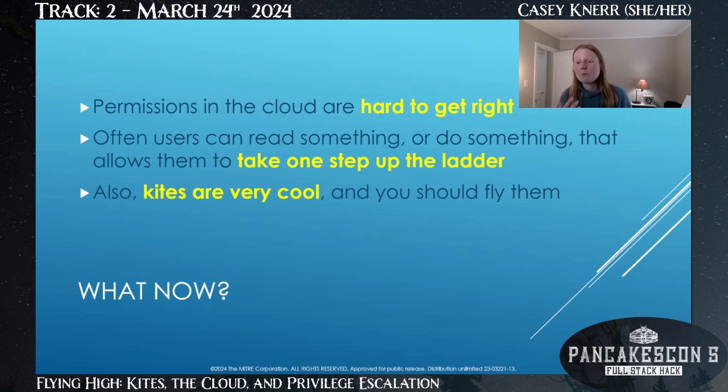Often you will be able to read something or do something that allows you to take one step up the ladder. Maybe finding credentials, maybe manipulating your account, maybe passing a role to an instance. It's just all about looking around, seeing what you can do, seeing what you can read, and just taking that in and thinking hard about how that can affect the environment.